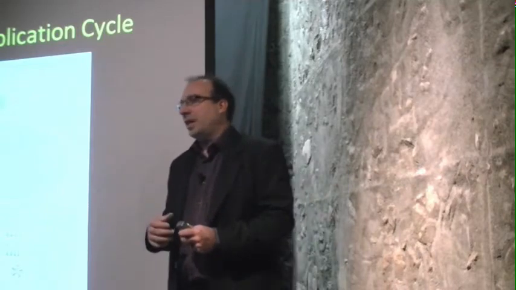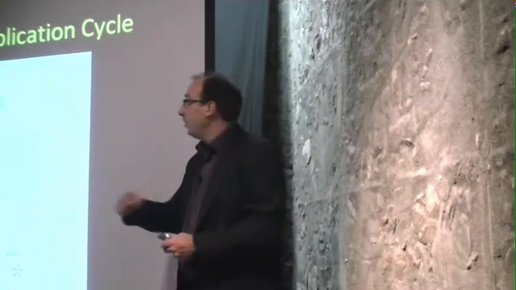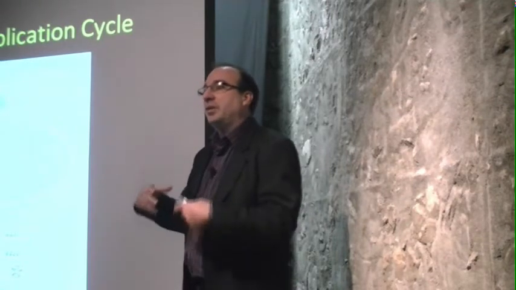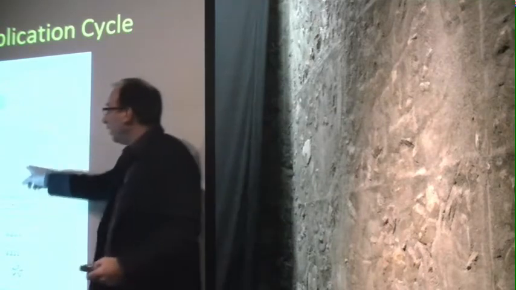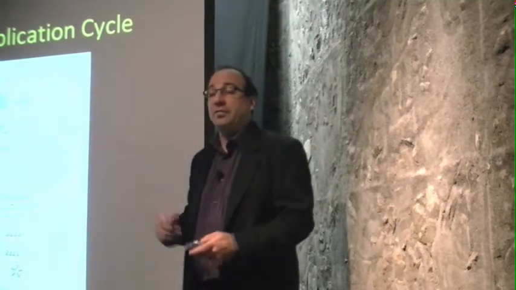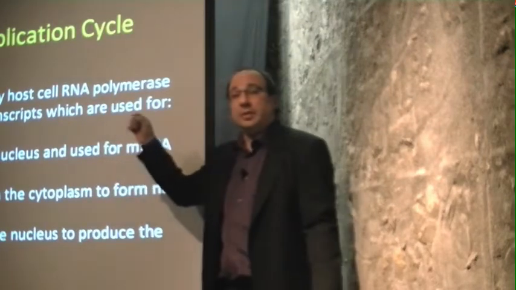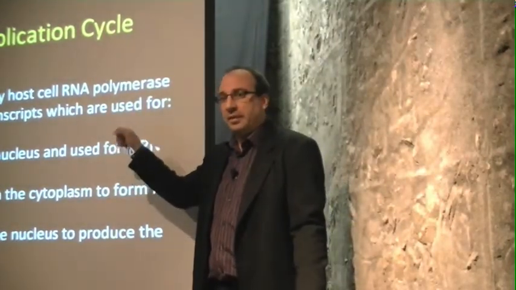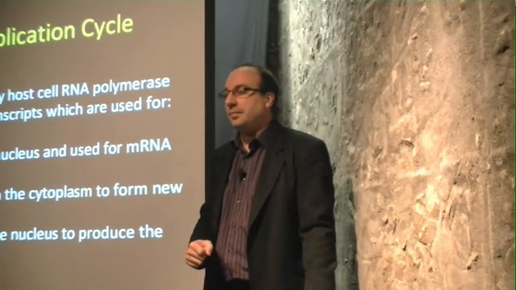Now, this next slide shows that once the viral DNA has been integrated into the host genome, it makes viral positive sense RNA. And that RNA that's produced does one of three things. The viral RNA can travel from the nucleus to the cytoplasm where it's translated into protein.